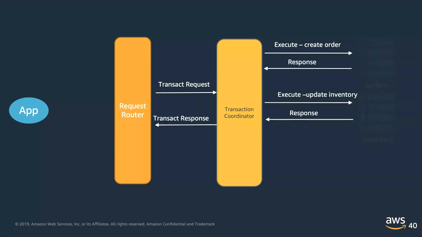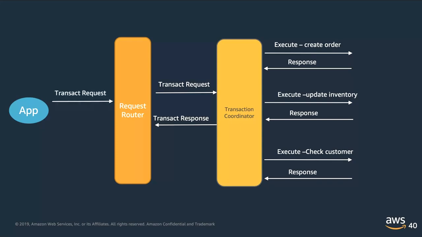It sends those requests to the 3 storage nodes, saying, hey, execute the create order, execute the update inventory, execute the check customer. Once it gets the responses, the transactional response is sent back to the client, saying that the transaction succeeded or failed, whatever that request was, right?